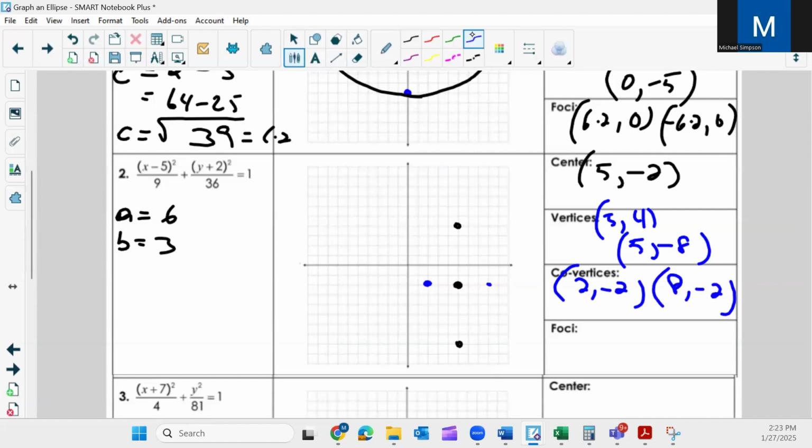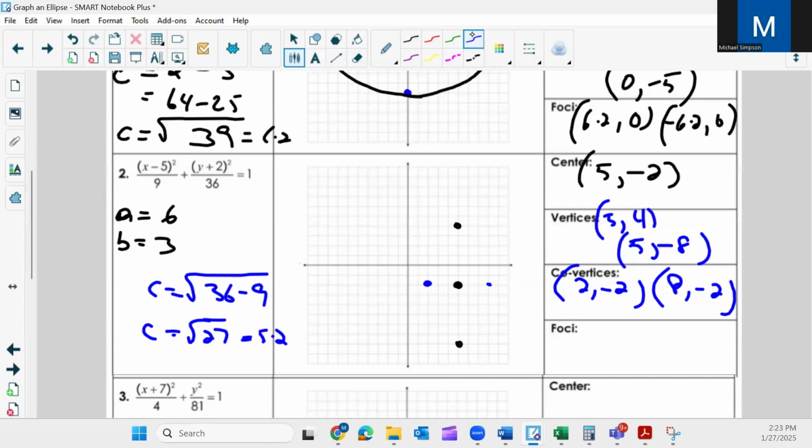Okay, let's find the foci now. We're going to use the formula c squared. c is equal to the square root of 36 minus 9. You get 27, and then you get 5.196, roughly equal to 5.2.